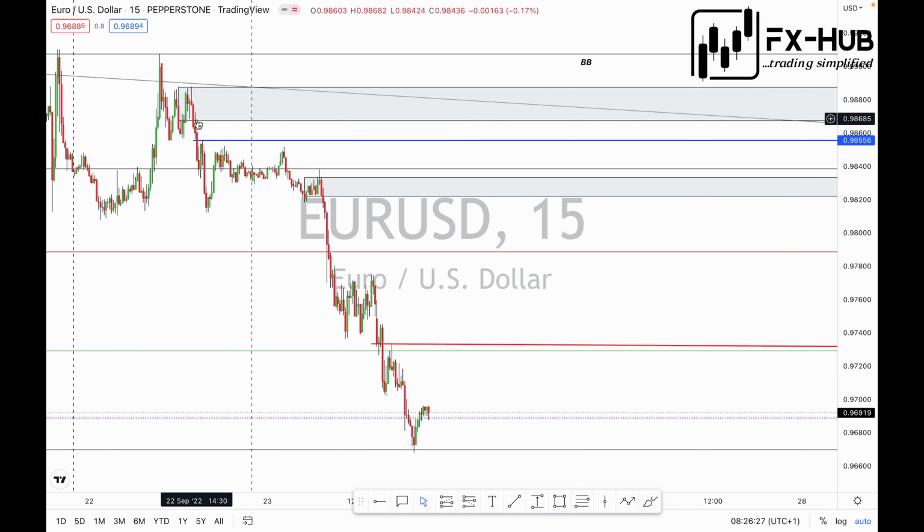But around this point, there is no imbalance contained in it. But what do you think we might get? We might get a raid of this level. And the moment we get a very nice raid of this level and a change of character around this equilibrium price, I'll start looking for a sell.